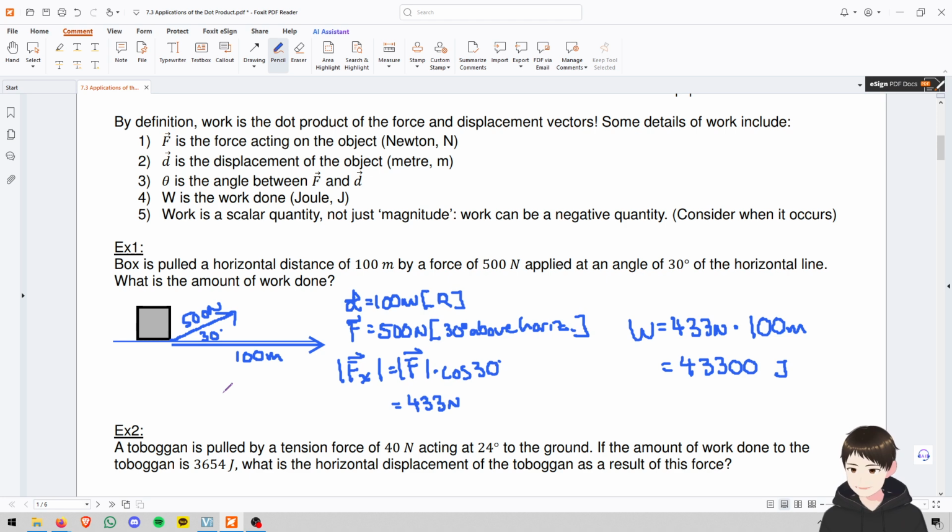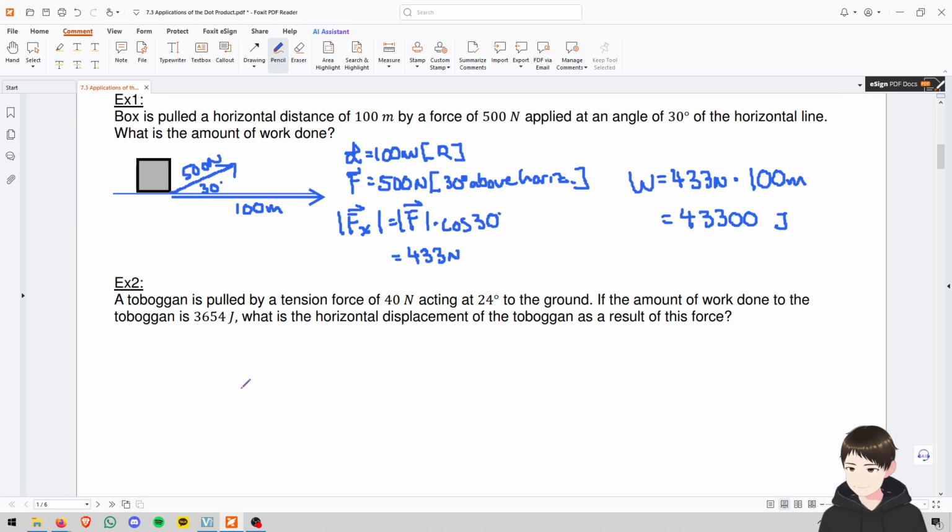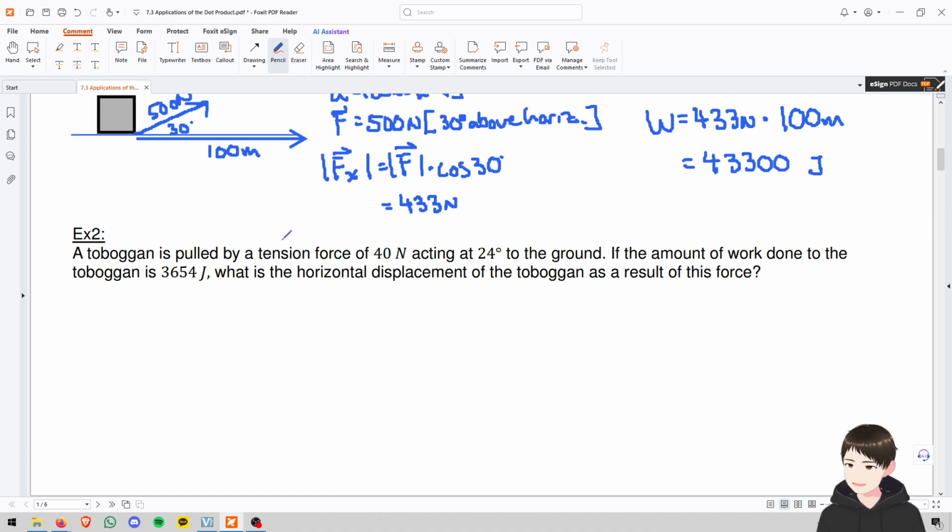The next question is going to be a ramp of sorts. A toboggan is pulled by a tension force of 40 newtons acting at 24 degrees to the ground. If the amount of work done to the toboggan is 3,654, what is the horizontal displacement of the toboggan as a result of this force?